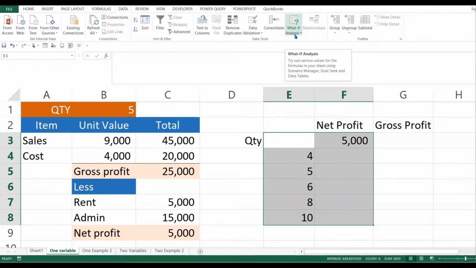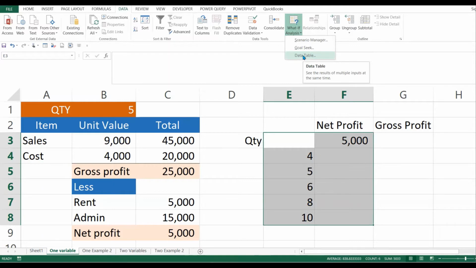What is the profit? What if our quantity is 5? What is the profit? So then click on that. We have scenario manager, goal seek, and data table. In this video, I'm going to demonstrate data table, but in later videos, I'll show you how to use goal seek and the scenario manager.